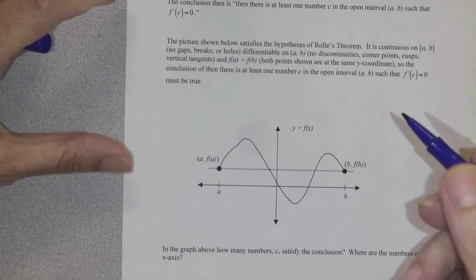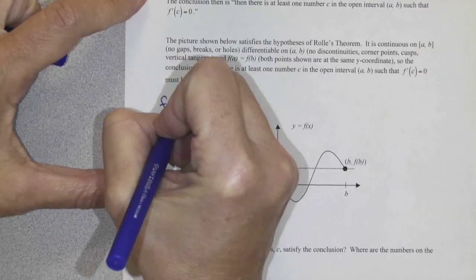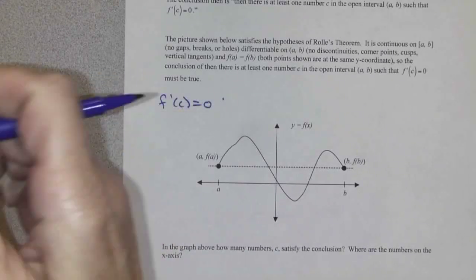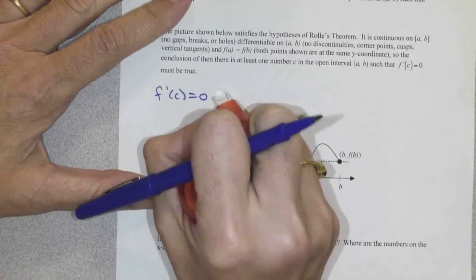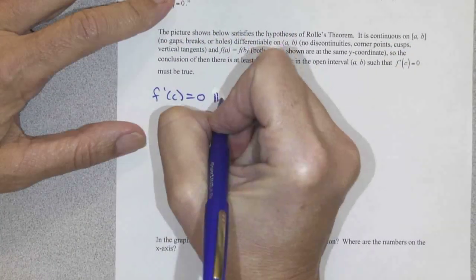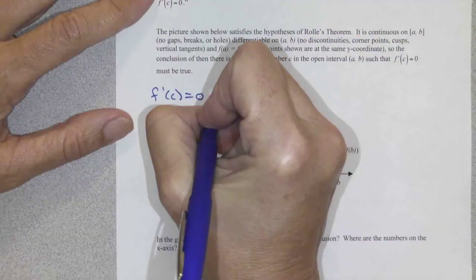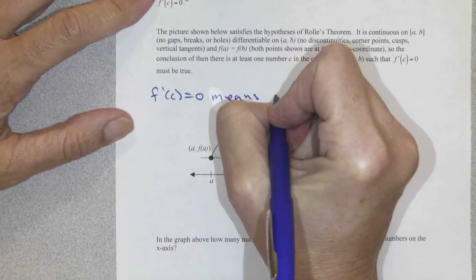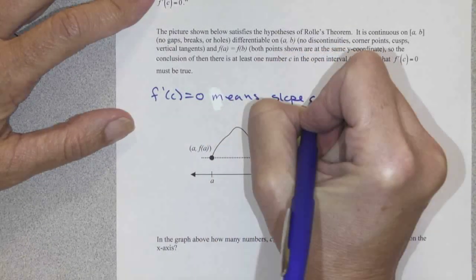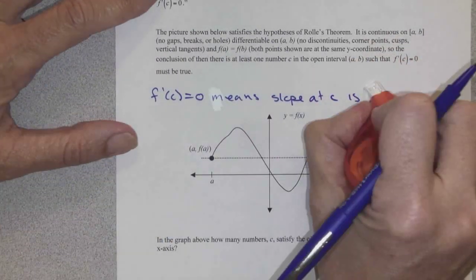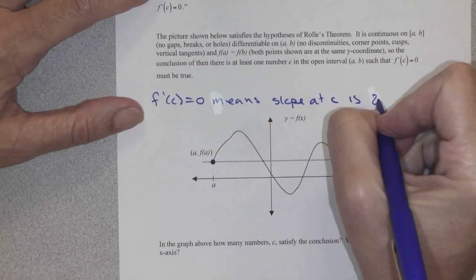So when we see f prime of c equals 0, it means the slope at c is 0. And we talked about before what that means graphically.